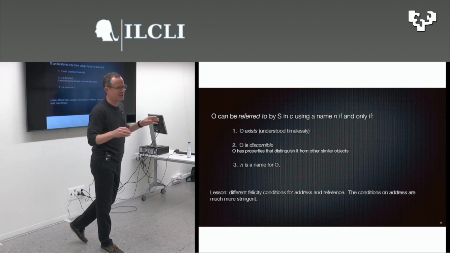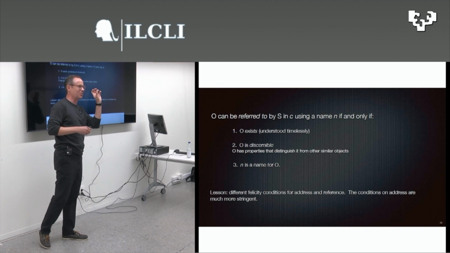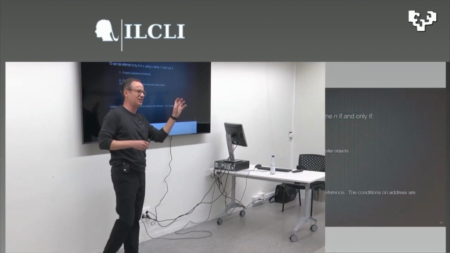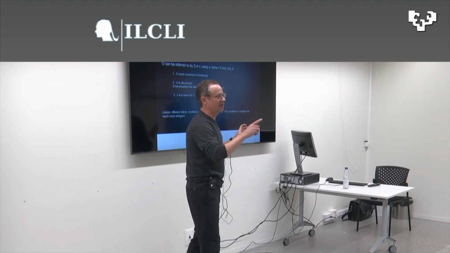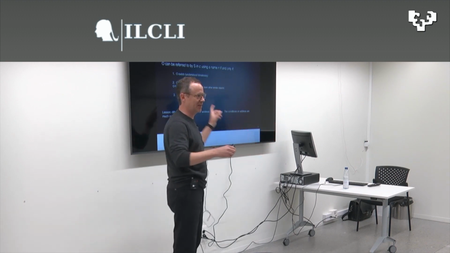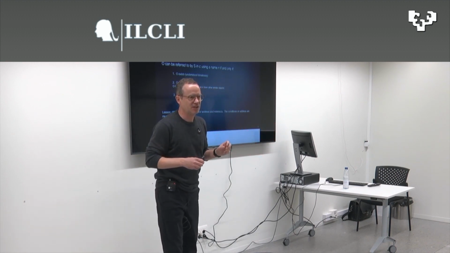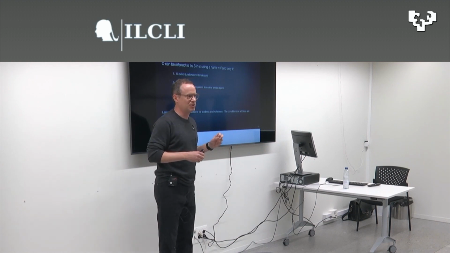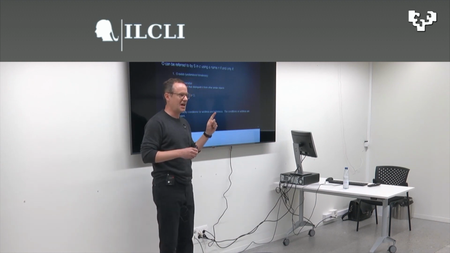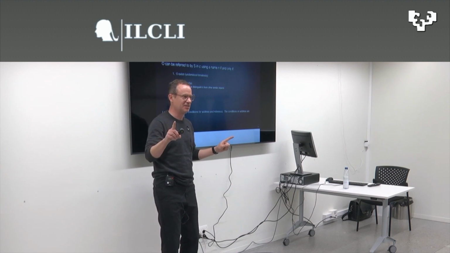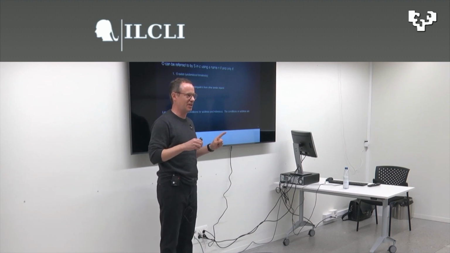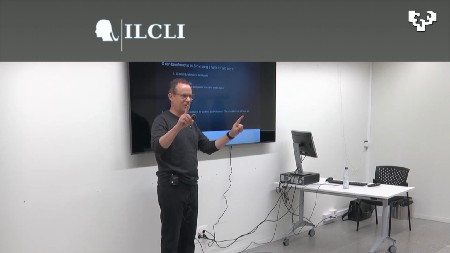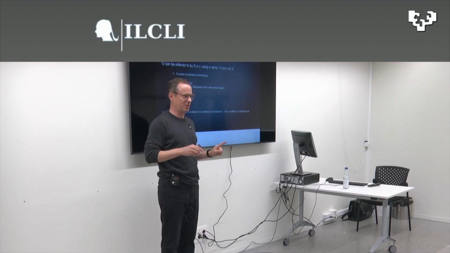The object must be discernible. What that means is there have to be some properties or relations that the object possesses that distinguish it from other similar objects. There are certain mathematical objects that fail to meet this condition. So there are two square roots of -1, i and -i. Those are the two square roots of -1. And it turns out that those two mathematical objects, i and -i, are indiscernible from one another.